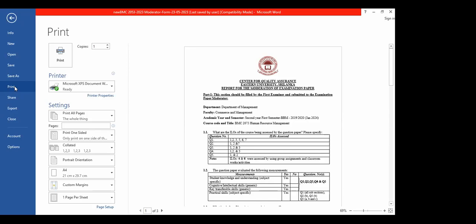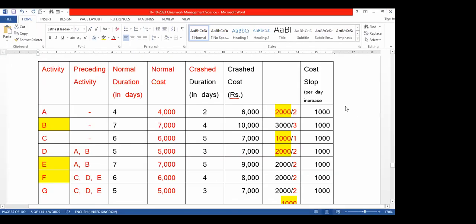What will happen if there are delays in critical activities?